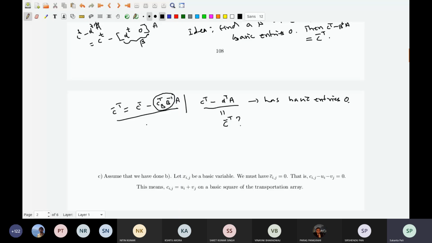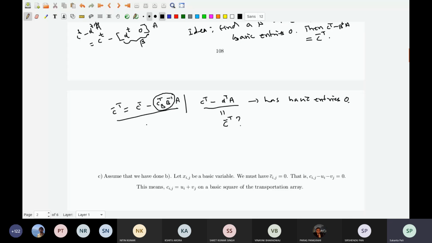Either you compute using the first formula or use the second idea, and somehow you get an alpha transpose such that C transpose minus alpha transpose A has basic entry 0. If you can get that, then the resulting vector is nothing but C bar transpose.